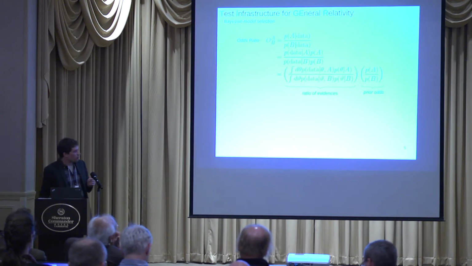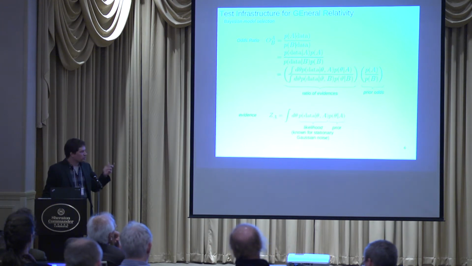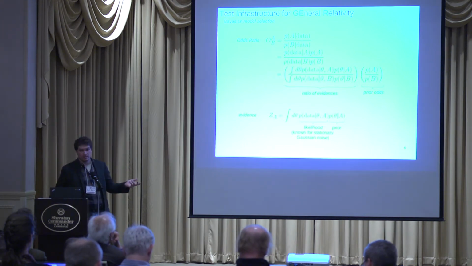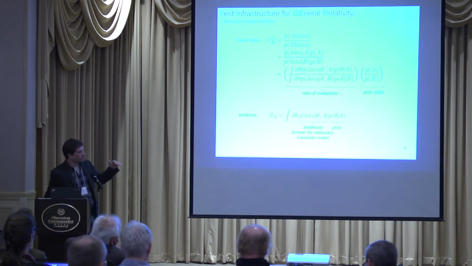The other thing, the long expression, is the ratio of the evidences. Now, what exactly is this evidence? Usually it's called Z, and basically it's a marginalized probability distribution. So you take all your model parameters, theta, and this could be the masses of your system, the spins, if you have any matter effects, all those things, and you marginalize over those.